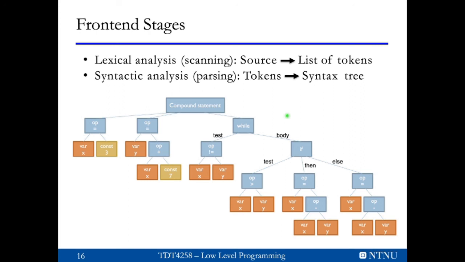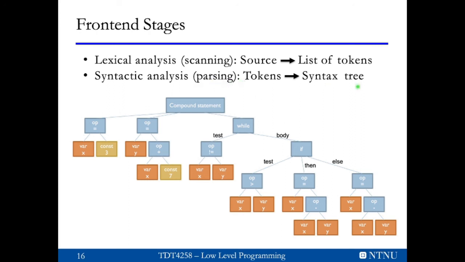So, of course, just giving a list of tokens isn't enough, because programs have structure. So now we have to figure out if all the tokens that have been generated by our lexical analysis are conforming to the structure we provide in the grammar of a language.